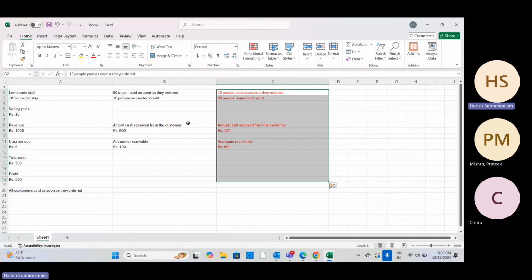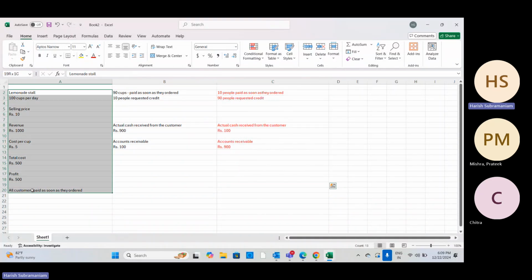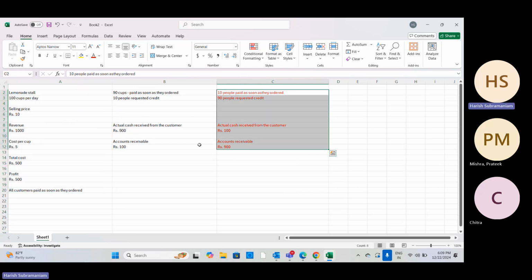That is why it is not only important to know about the profit, but also important to know the cash situation of each company. We have to know whether the company can run its business, whether the company will shut down, whether there are any issues in cash, and so on. Right. And the actual cash flow is very, very important for any business to run successfully.